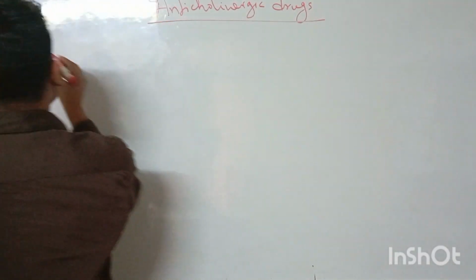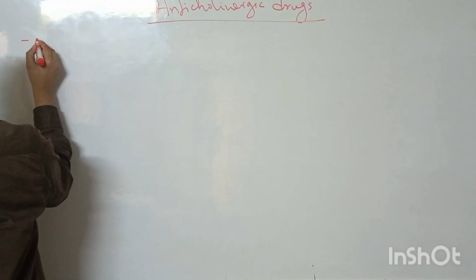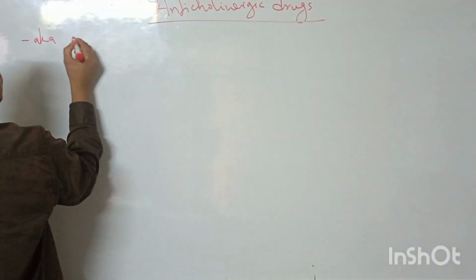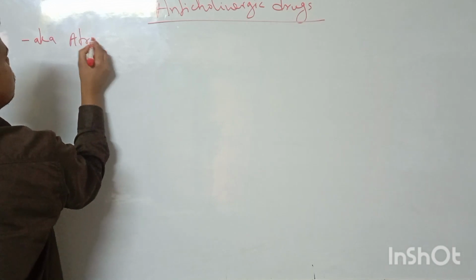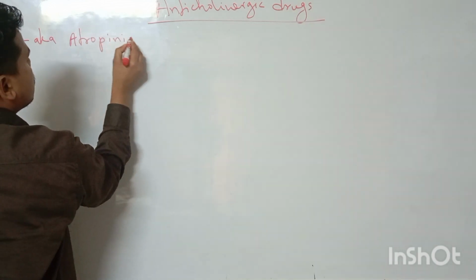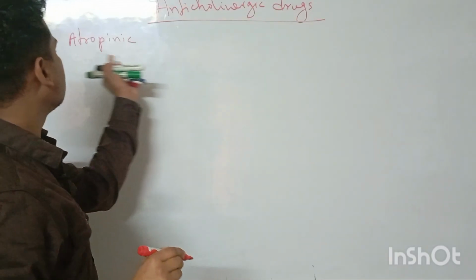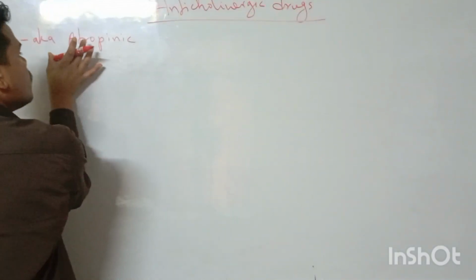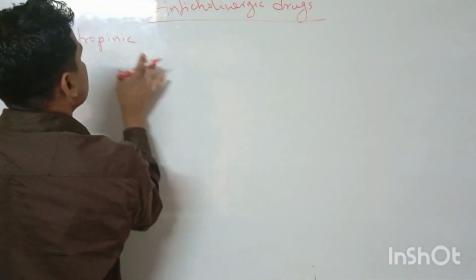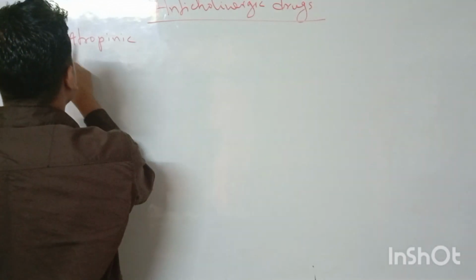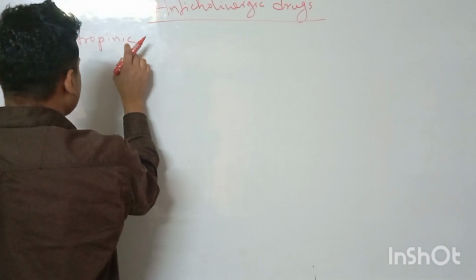Now these anticholinergic drugs are also known as atropinic drugs, because in this category atropine is the prototype and one of the important and major drugs of this category.